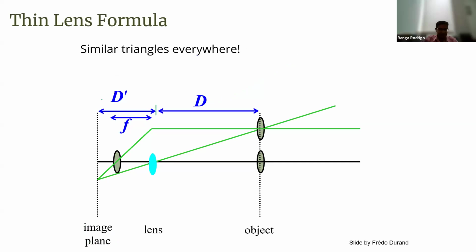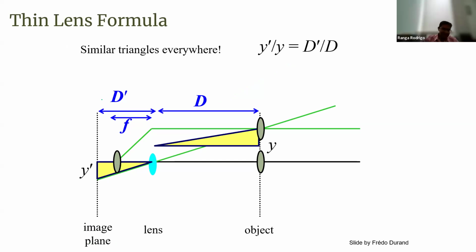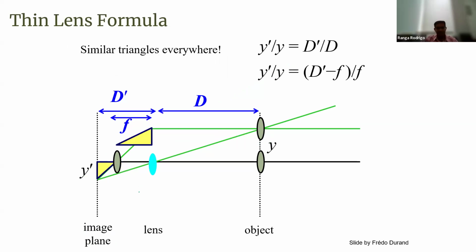This is D prime. So there are similar angles everywhere. If you take these two triangles, they are similar triangles. The angles are the same, so their length ratios are the same. So you can see y prime divided by y is equal to d prime divided by d, because this one is d, this one is y and this one is y prime. But there's one more, and here also there are similar triangles.